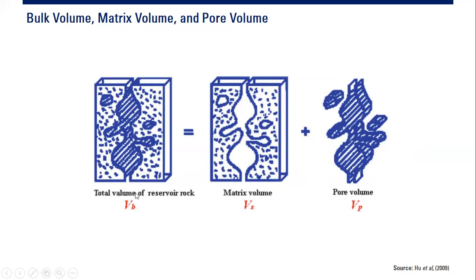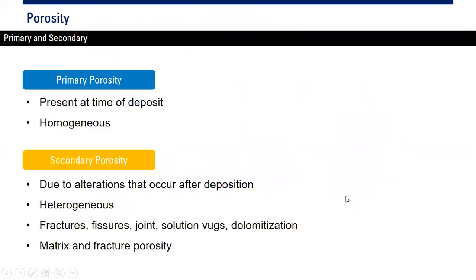Okay, so bulk volume minus the grain or the matrix volume is the pore volume, VP. Okay, based on the origin of the porosity, we can divide porosity into two categories. The first one is primary porosity, and the second one is the secondary porosity.